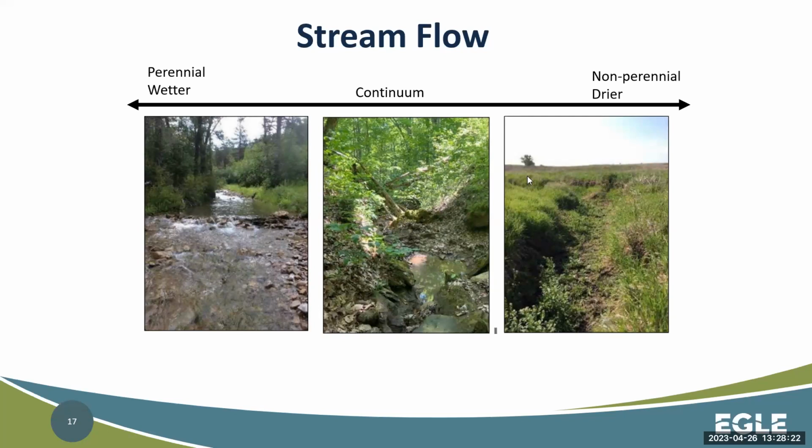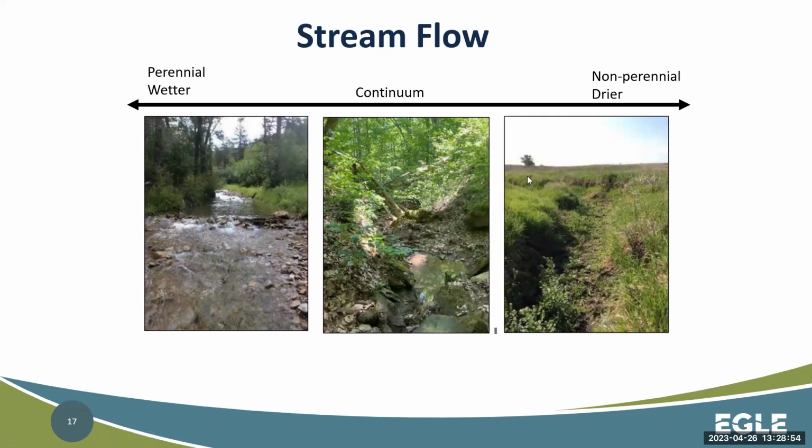They're maybe in the upper extent of your watershed, or they don't have very much drainage area to support flow in them. They may only flow for a few weeks out of the year. And then you're going to have everything in between that. You're going to have some channels that have flow for a number of months, and then you're going to have channels that are closer to this drier condition.